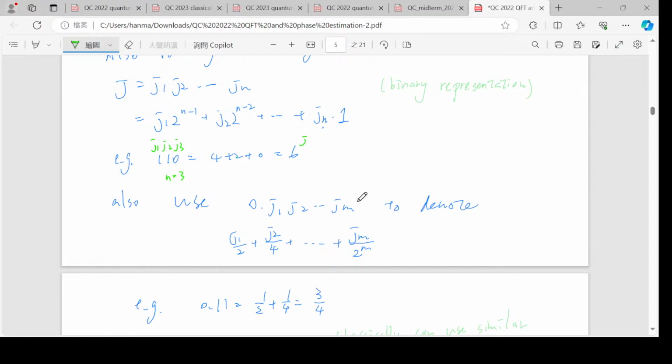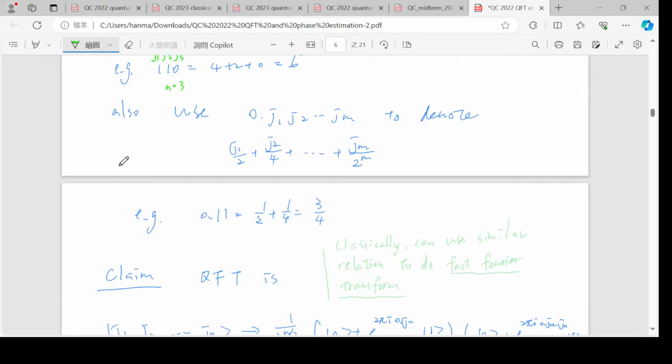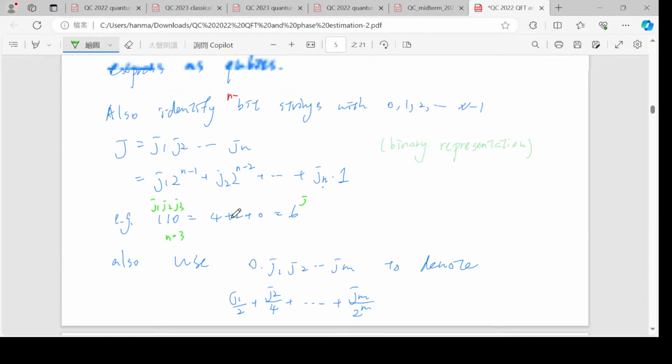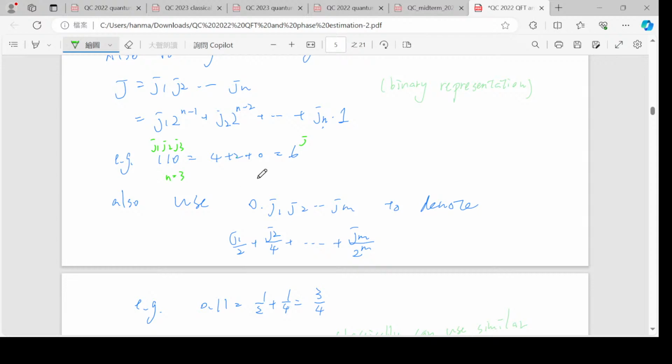Now we talk about something you might not be so familiar with: representing numbers in binary after the decimal point, or rather, since it's binary, after the binary point. We want to define the number 0.J1 J2 to Jn, some number smaller than 1 but in binary.